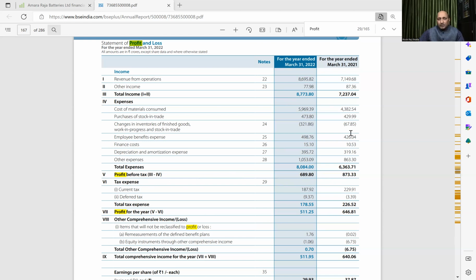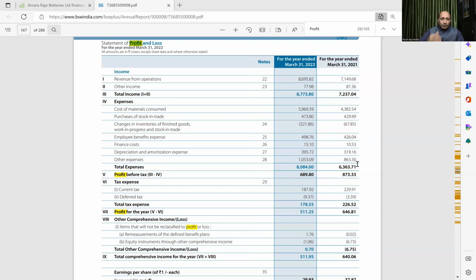We can compare with last year, and we can see it is a little less. So this is significant information. Here we can see the revenue is increasing, but of course, expense is increasing too much. That is why profit from operation is less in comparison to last year.